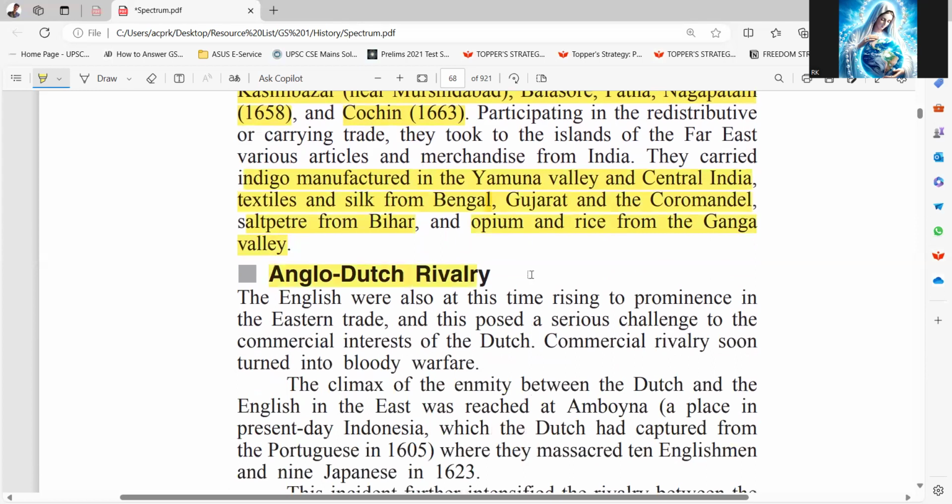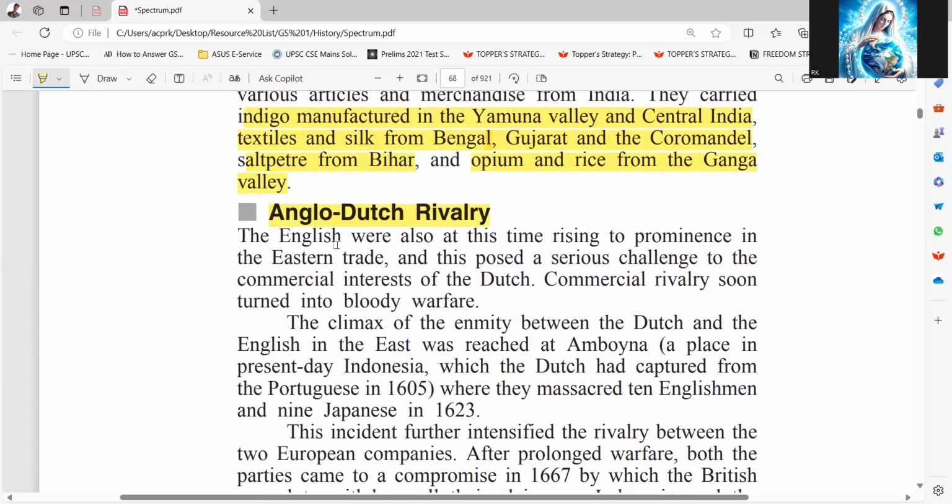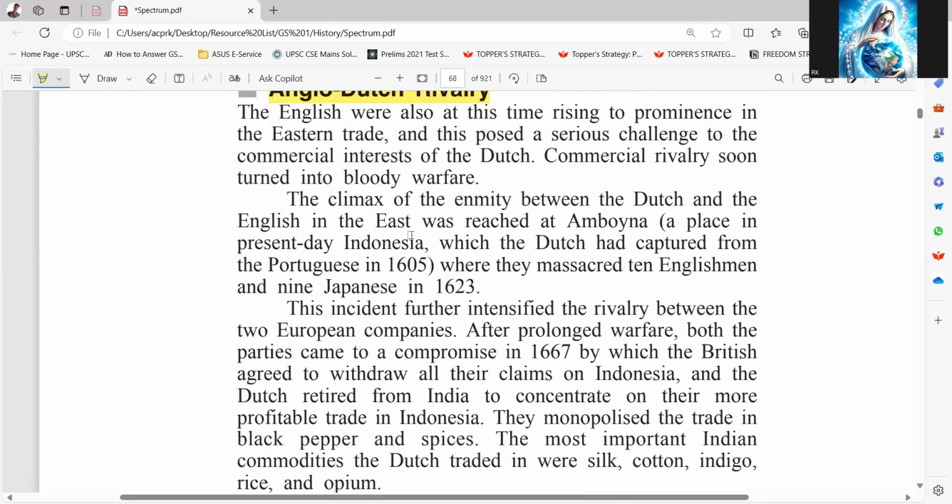Next is Anglo-Dutch rivalry. The English were also at this time rising to prominence in the Eastern trade, and this posed a serious challenge to the commercial interests of the Dutch. Commercial rivalry soon turned into bloody warfare.